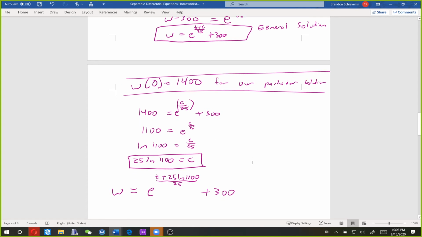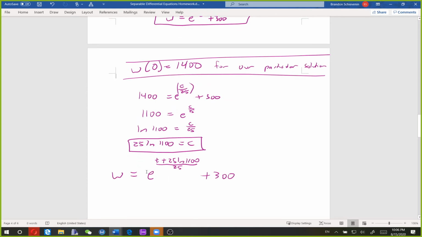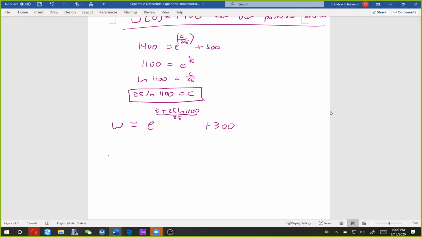Okay, so I'm going to try to simplify this a little bit because this looks crazy. So if I wanted to simplify this, what could I do? I'm going to break up these two fractions first.